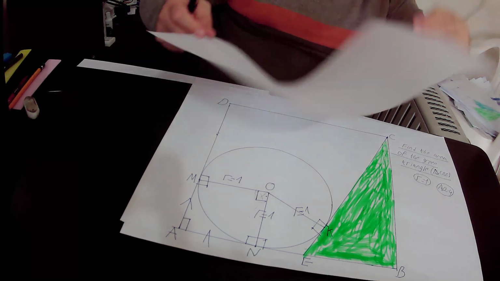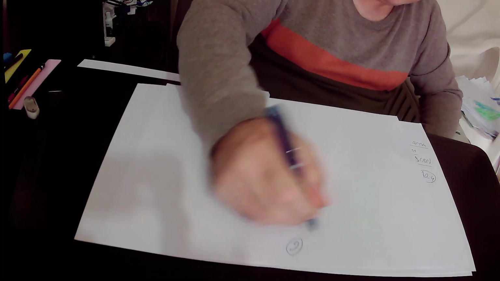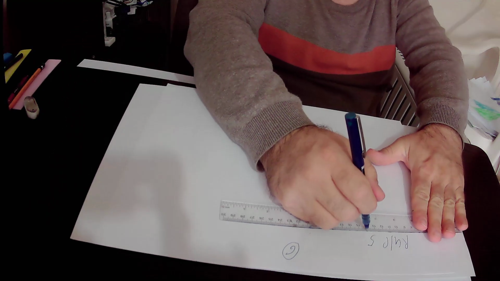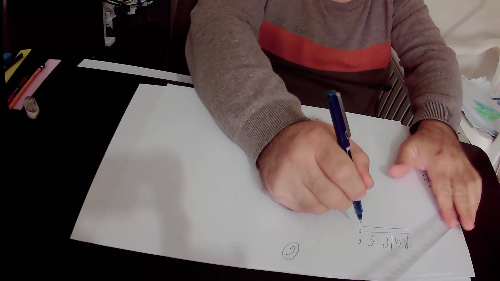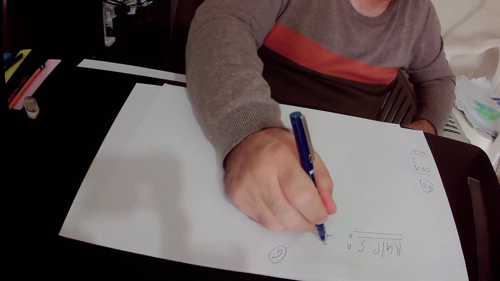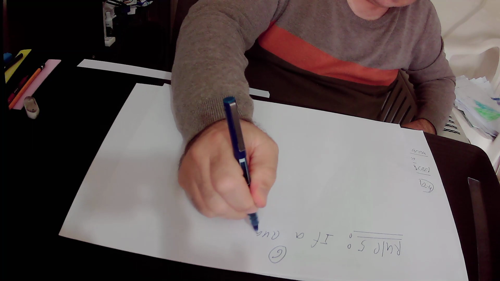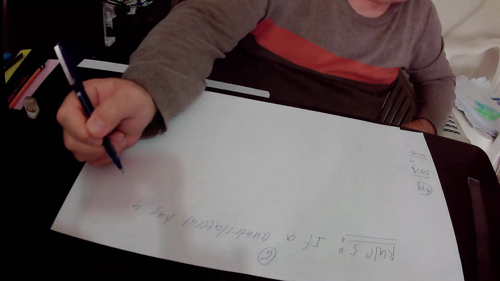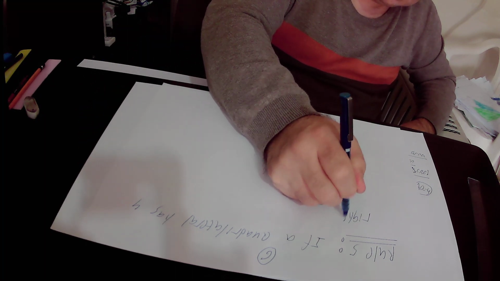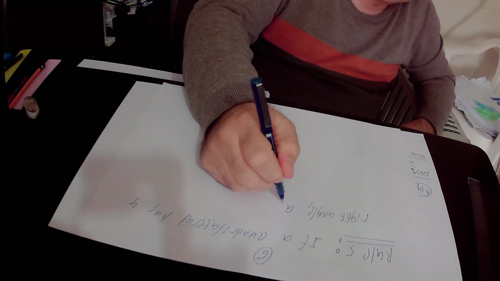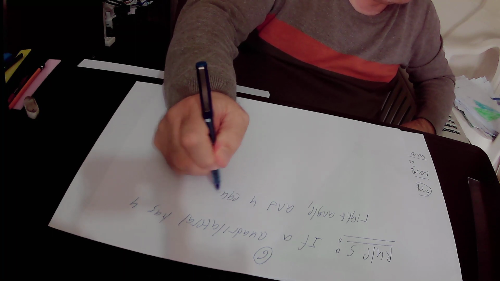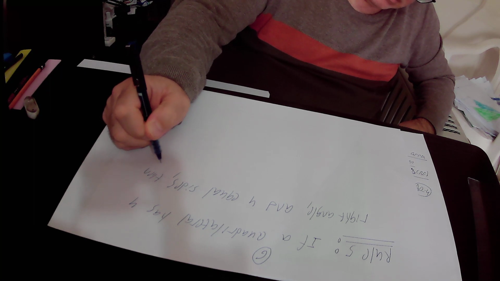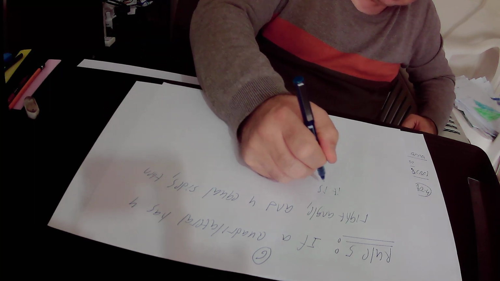According to rule number 5, if a quadrilateral has 4 right angles and 4 equal sides, then it is a square.